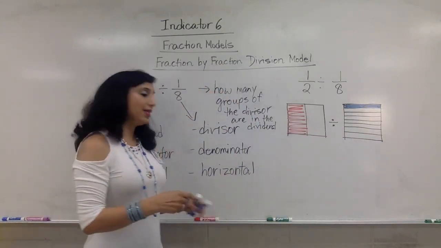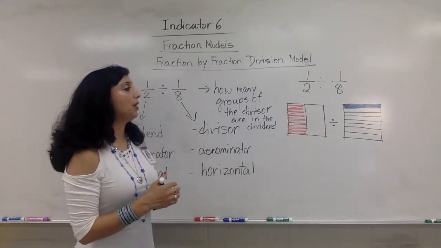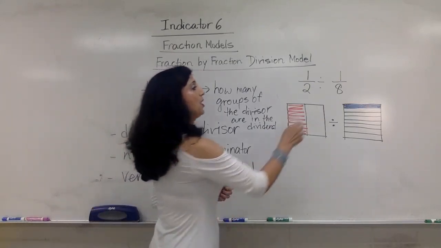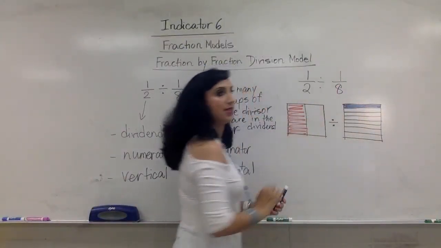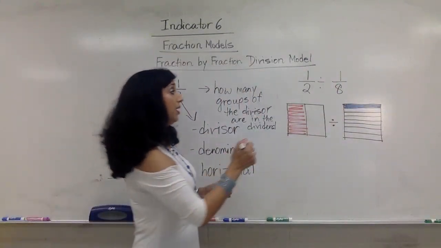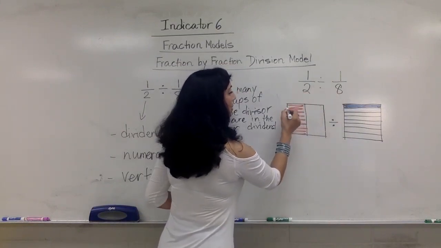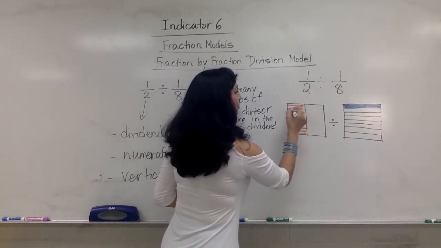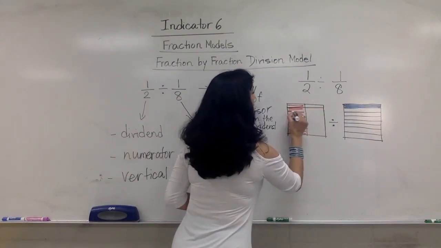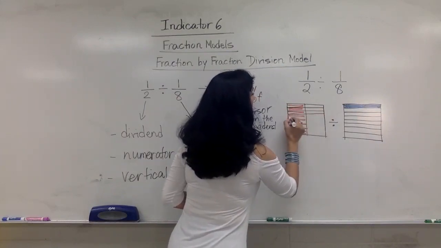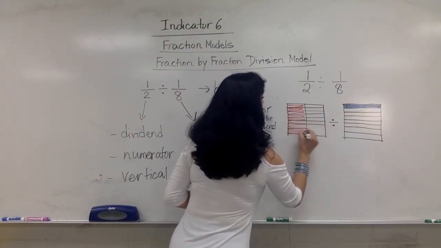Once I have this part done, I am going to incorporate this section and this section into both of these. Bear with me and see what I'm doing. This was 1/2 divided by 1/8, so I'm going to take this same one and put distinct sections here horizontally: 1, 2, 3, 4, 5, 6, 7, and 8.